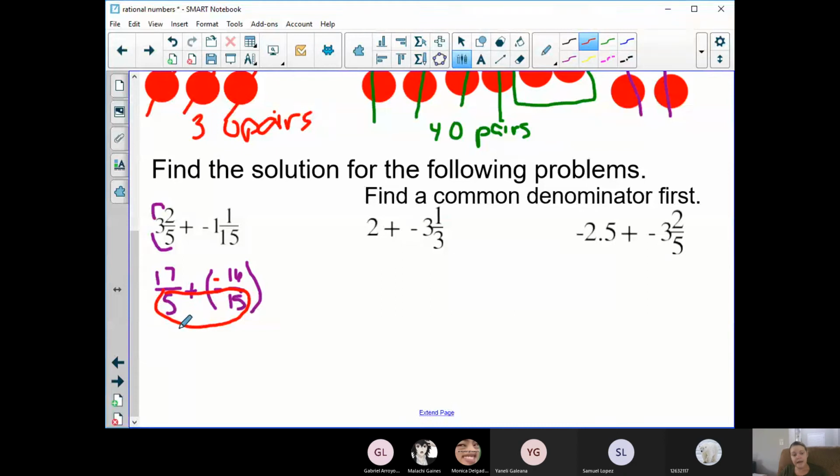So 5 times what will get me 15? If I want to change 5 to 15, what am I multiplying by? 3. So if I multiply the denominator by 3, I have to multiply the numerator by 3, and that is going to give me 51 fifteenths plus, and I don't have to do anything to this because it's already in fifteenths.